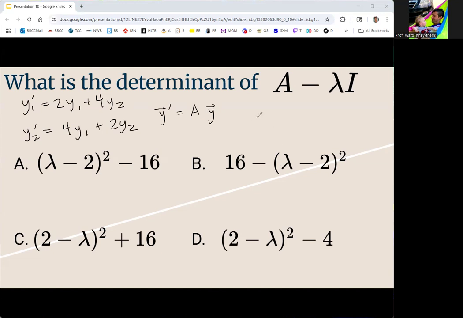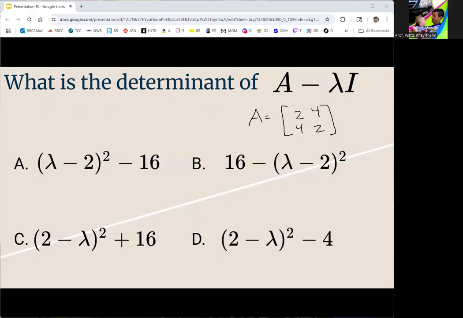You should have determined that A is 2, 4, 4, 2. And when we do A minus lambda I, we get 2 minus lambda, 4, 4, 2 minus lambda.